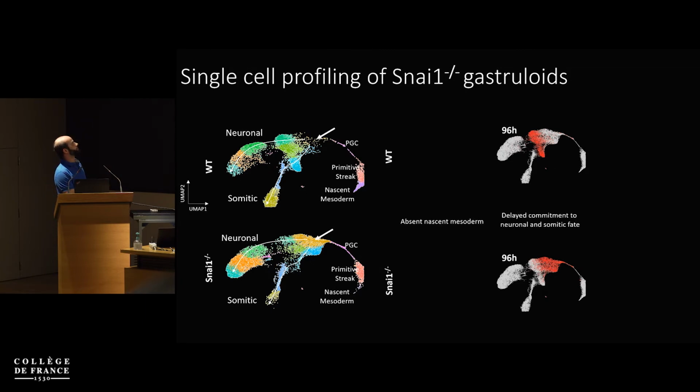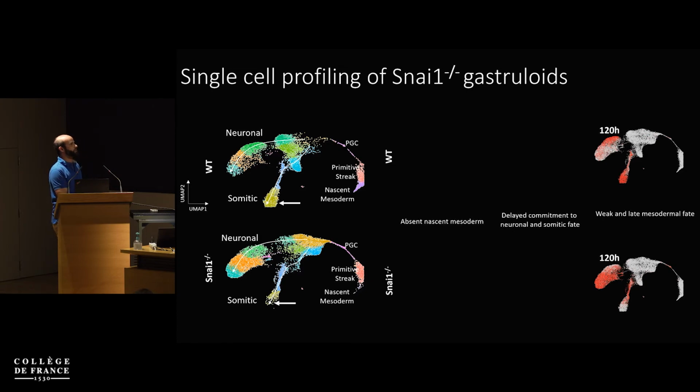When you go slightly later, at 96 hours, you can see that normally the cells would have committed to either neuronal or somitic identities. But in the Snail mutant, you have these uncommitted cells that, in theory, would still be free to go into one or the other identity. And when you go later on, you can see that the mesodermal fate, which normally is quite well represented in these 120-hour gastruloids, is now very weakly represented and late. You don't see these cells that are more advanced in the differentiation process.